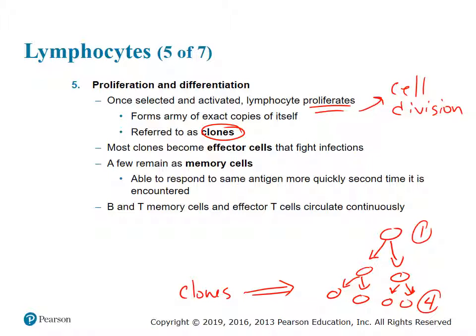Now, some of these clones may be chosen as effector cells. What they do is directly fight the infection. They attack the particular antigen. And a few of them remain as memory cells.